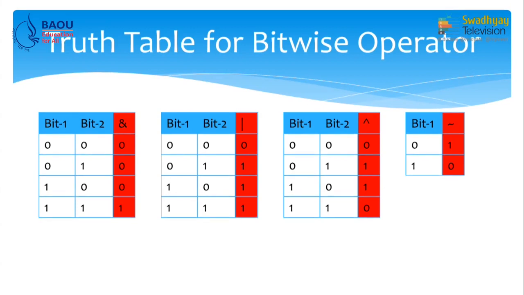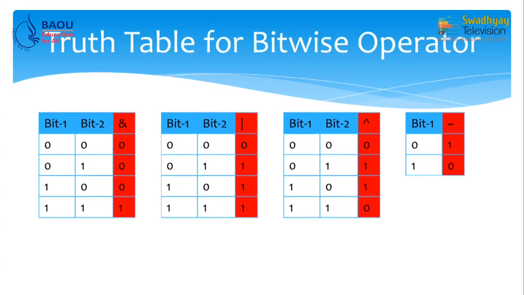So, we can say in case of AND we only get 1 if both bit values are set to 1. In case of bitwise OR, if both operands are set to 0, the OR returns 0. If the first bit is 0 and the second bit is 1, then we have 1, because OR checks whether either of the bits is set to 1, then it returns 1.